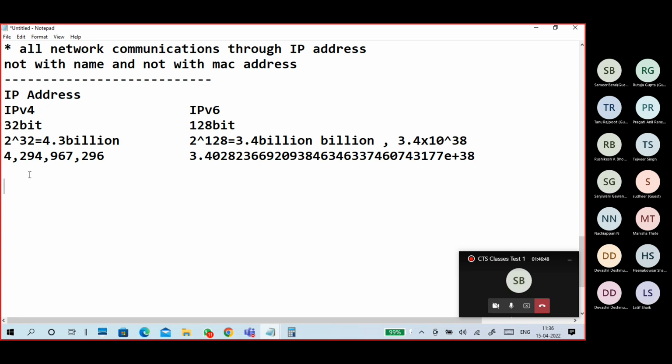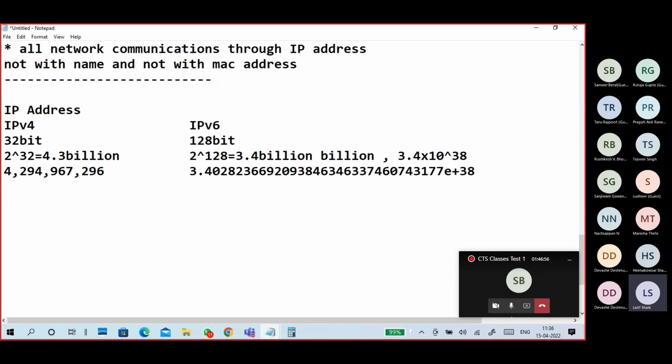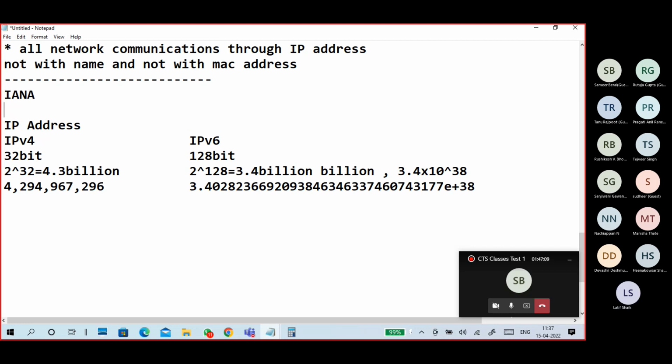So who will tell which IP address you have to take care of? Who will tell which public IP address you should use in which region, and from where you will buy it? IANA, the Internet Assigned Numbers Authority, is an organization.